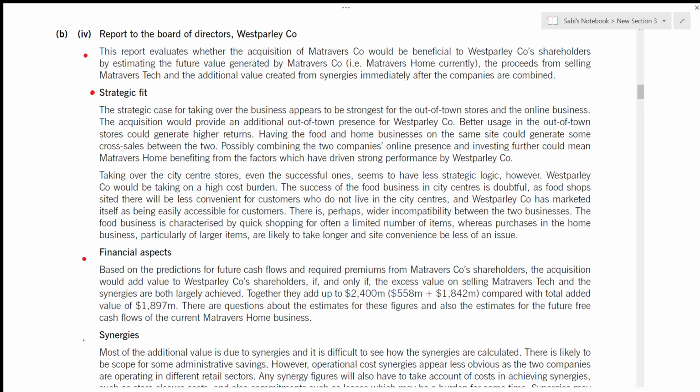How the food business is, how a large home business is. This is nothing you need to think too much about. We all know how the food business is. Everyone wants quick service. They don't have so much patience or time. Quick shopping, only for a limited number of items. You cannot sell all the items.